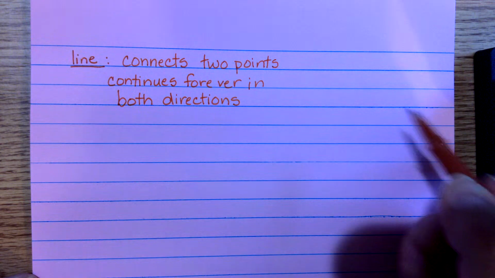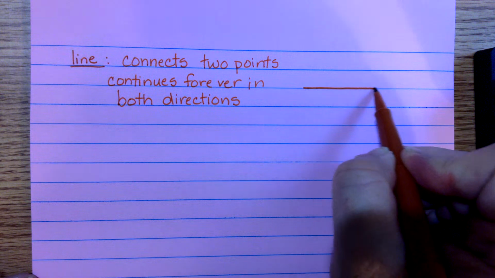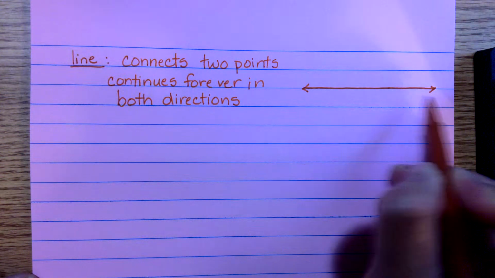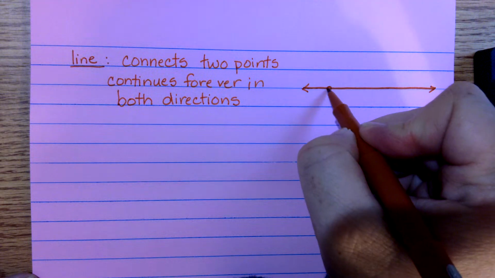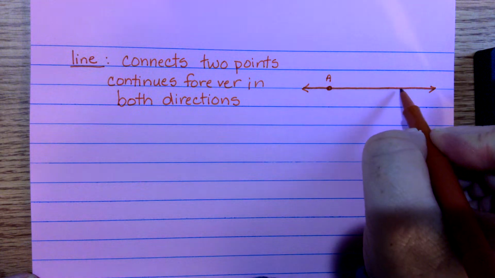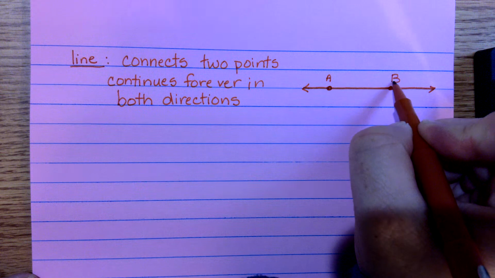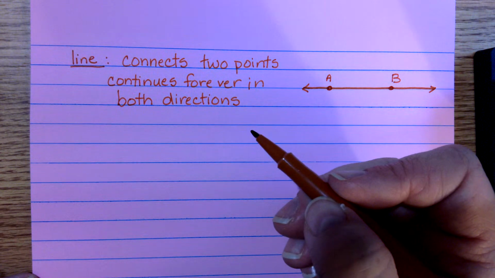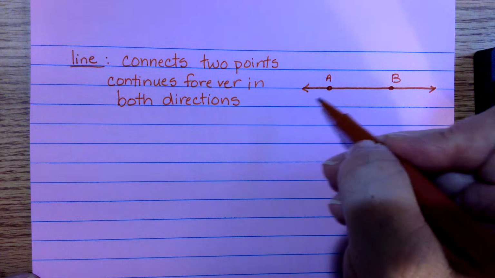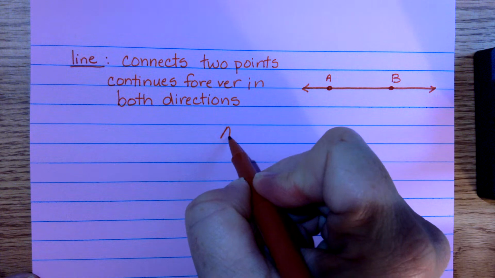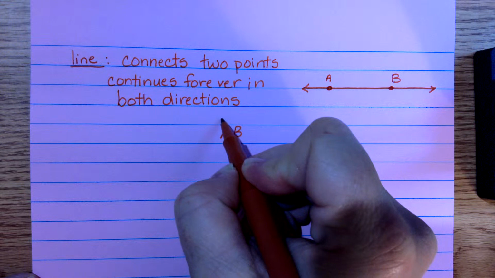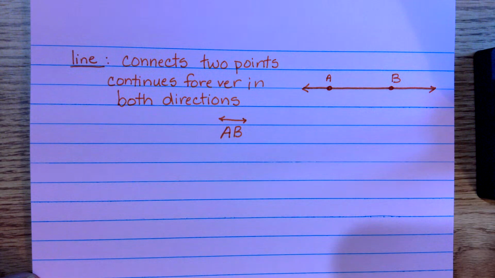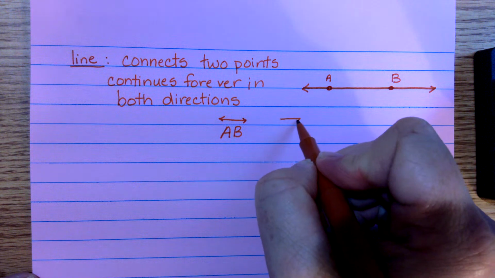And the line is named by its points. So we have a line. These arrows are the indicator that it goes on and on forever. In here we have point A and point B. When we represent that with symbols, our line looks like this. Line AB, or line BA.